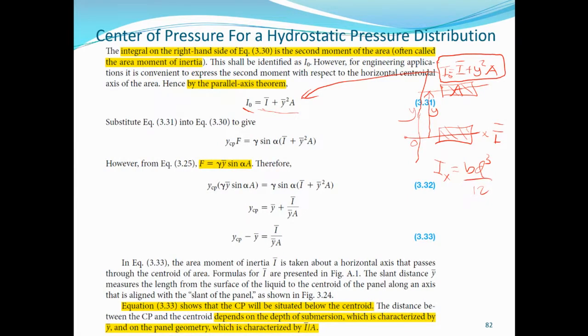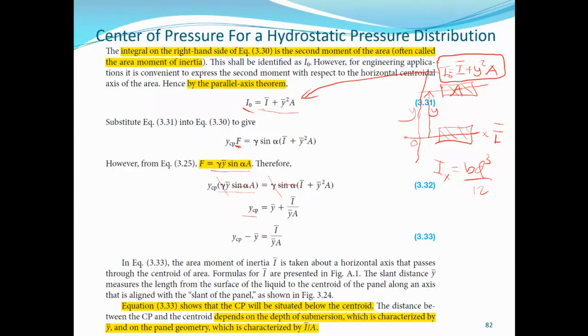And then for force, we substitute as well. Force we derived before to be this, and we substitute it, and then from here gamma will cancel out and sine alpha. So we make yCp the subject, which is equal to y bar plus I bar over y bar A.